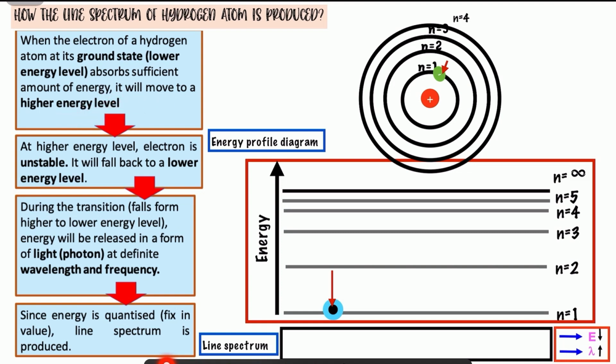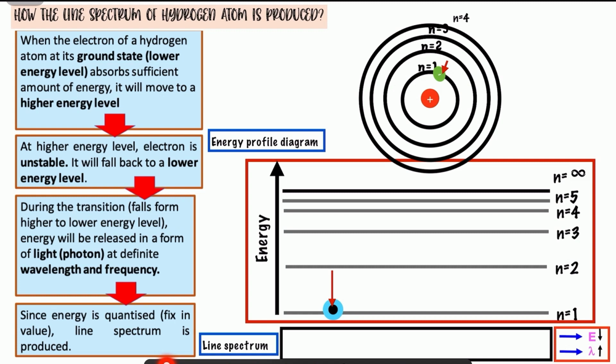Let's say the electron is located at n equal to 1. When it moves to the higher energy level, for example n equal to 2, it will absorb sufficient energy.